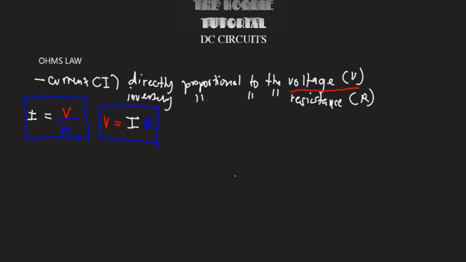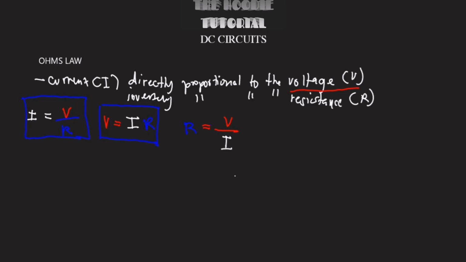And another one is the equation of Ohm's law in terms of finding the resistance. From here, if we divide both sides by the current, that leads to the voltage divided by the current. Therefore the resistance is equal to the voltage all over the current that is flowing to the circuit.